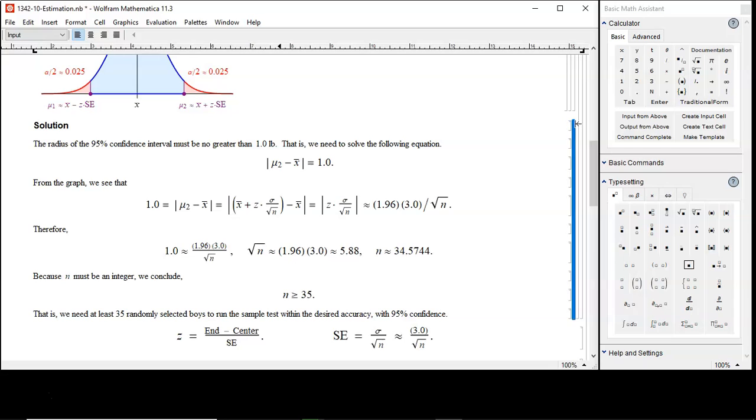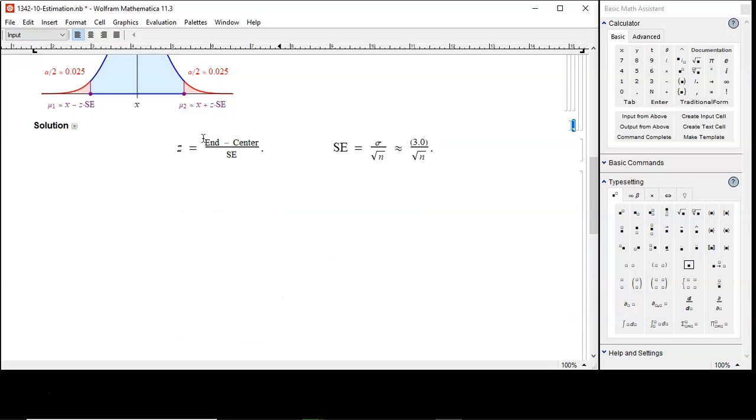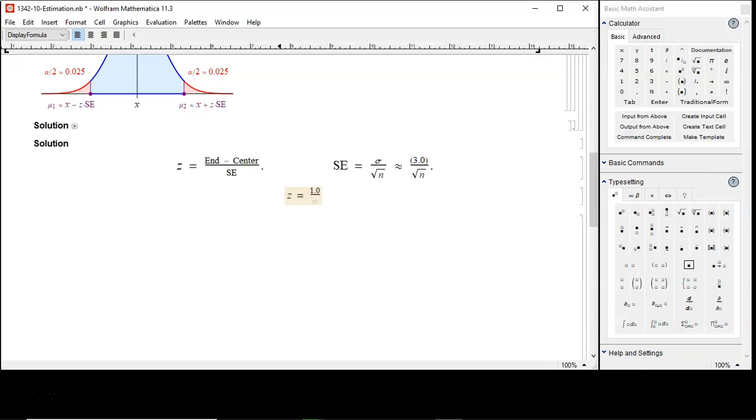I didn't use the same method as I did over here, so let me just try to continue here. So z-score is x̄ minus center 1.0 over SE 3.0 over square root of n.